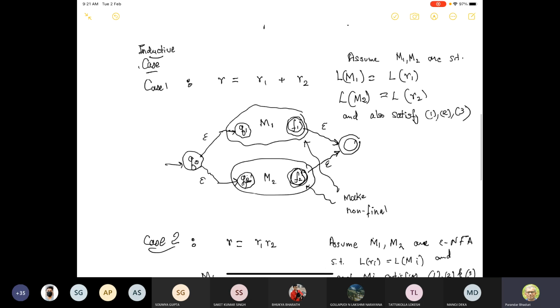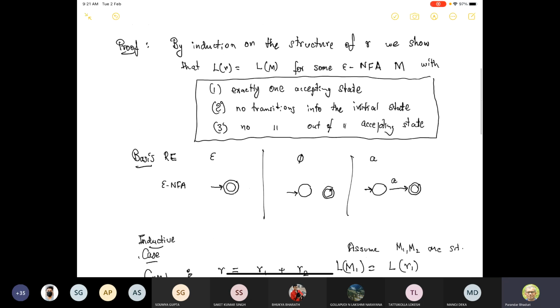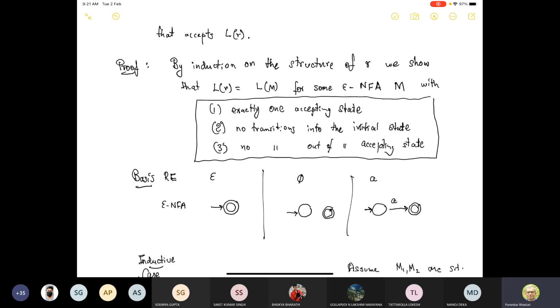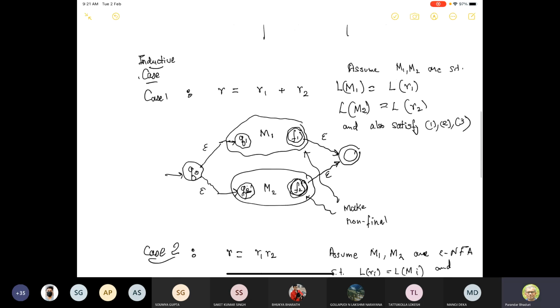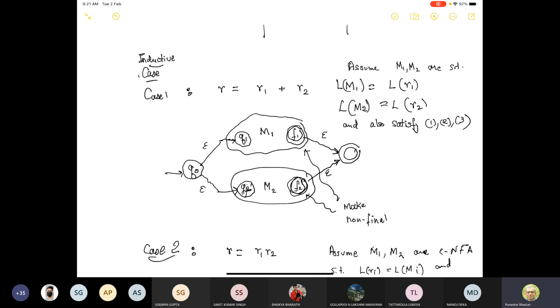And similarly, what would go wrong if we didn't assume that there is exactly one accepting state or no transitions out of an accepting state? We should think about these things. Why did we assume those things? Is it really necessary?